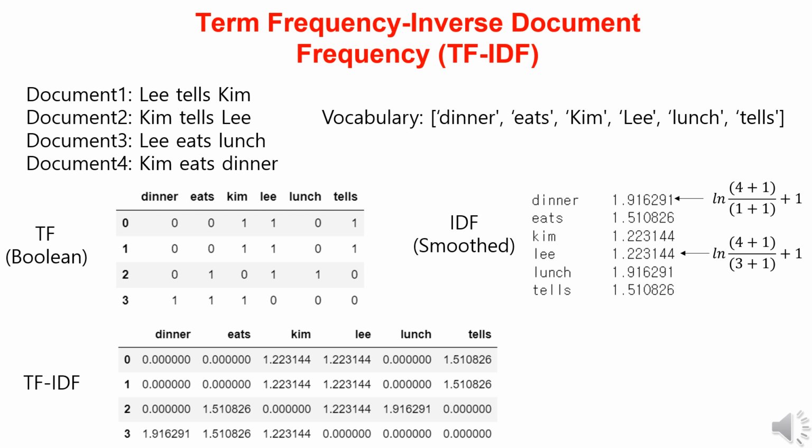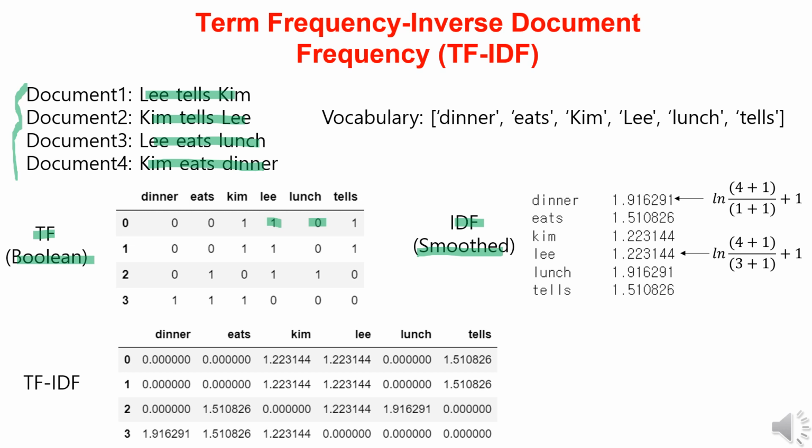Let's now calculate the TF-IDF for 4 different sentences. Lee tells Kim, Kim tells Lee, Lee eats lunch, and Kim eats dinner. When we calculate Boolean term frequency for these sentences, it means assigning a value of 1 if the word is present in the document, and 0 if it's not. Now, using the smoothed IDF method, let's calculate the IDF values.